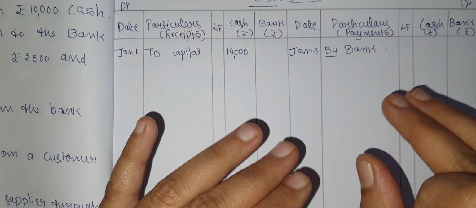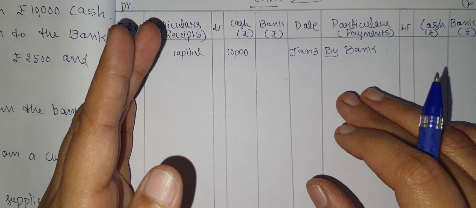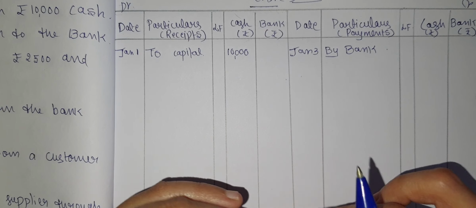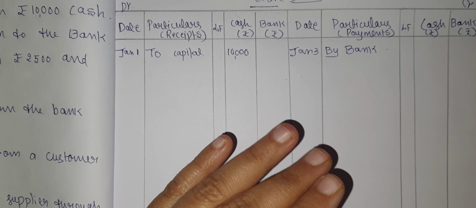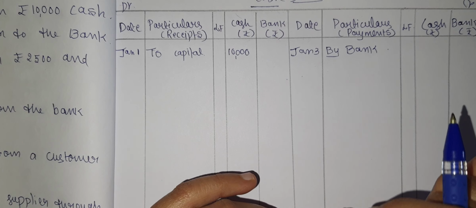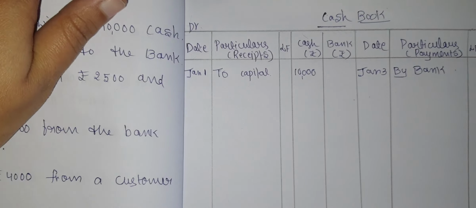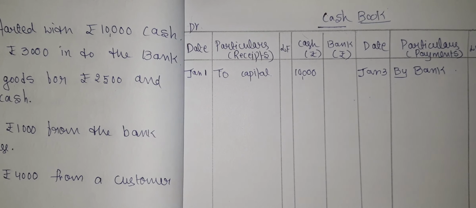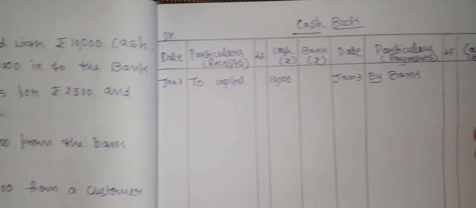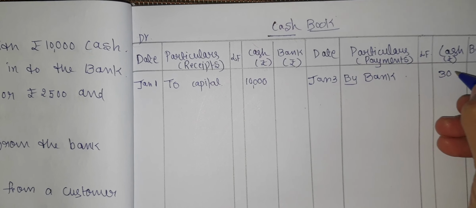Why? Because when cash is deposited into the bank, it means the business is transferring the cash to the bank. Means there is a reduction of cash balance of the business. So the reduction of amount, that is rupees 3,000. So write down rupees 3,000 in the cash column.